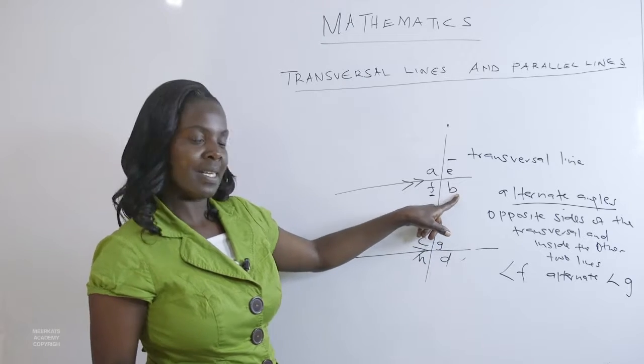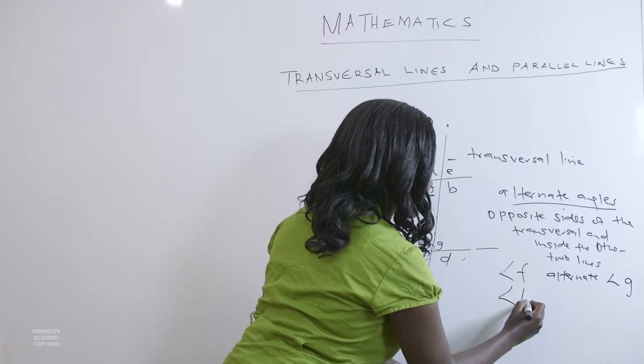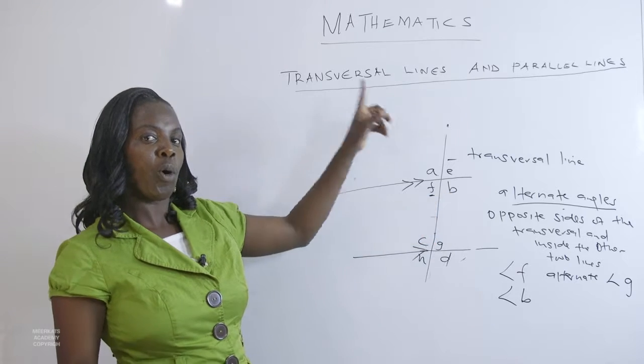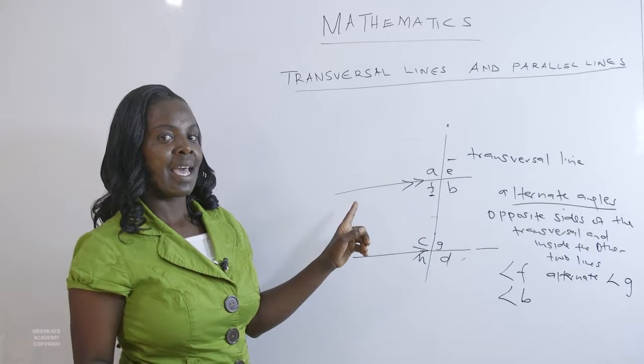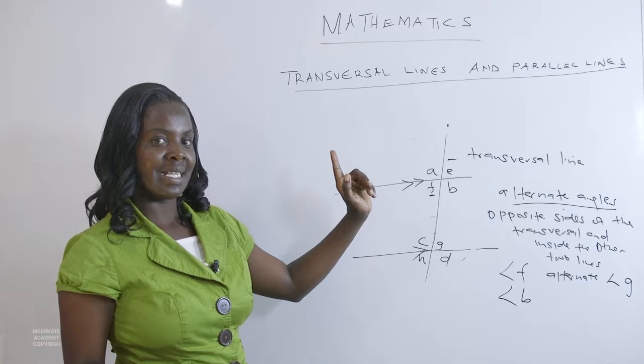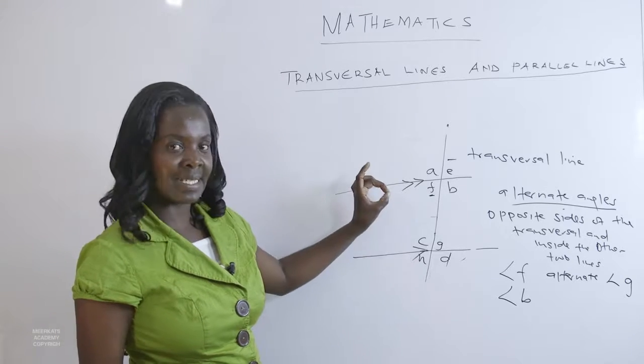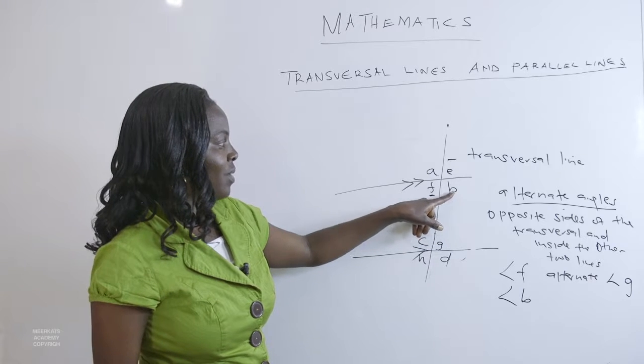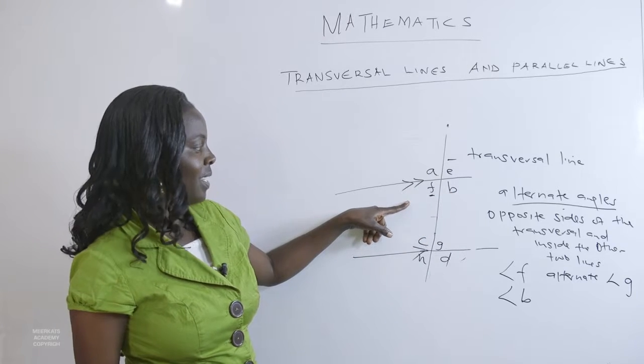What about B? Let's identify an angle that is alternate to B. It should be on the opposite side of the transversal line and should be inside the two lines. You realize that B is inside the line. The angle that is opposite should be here.